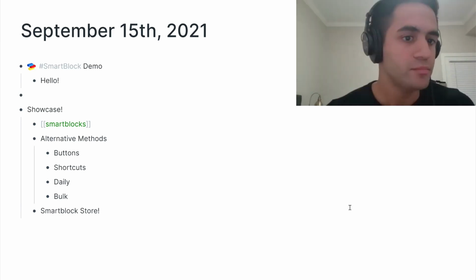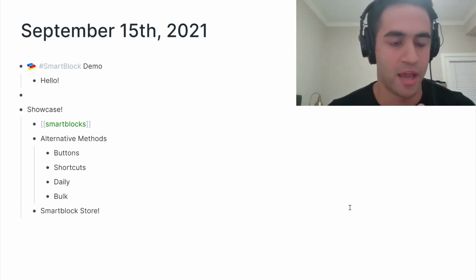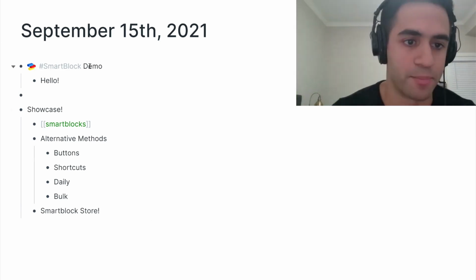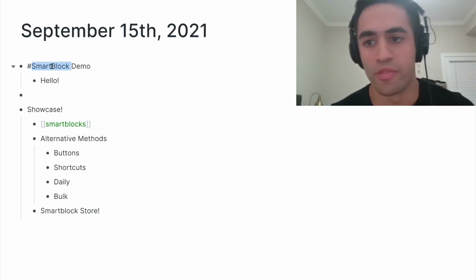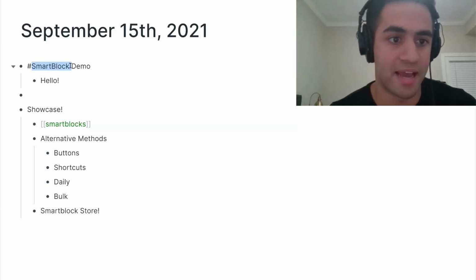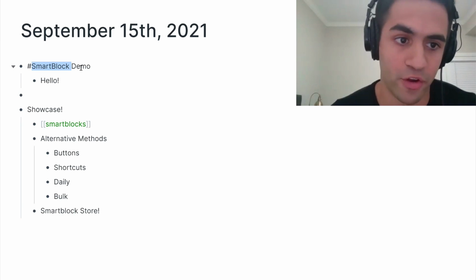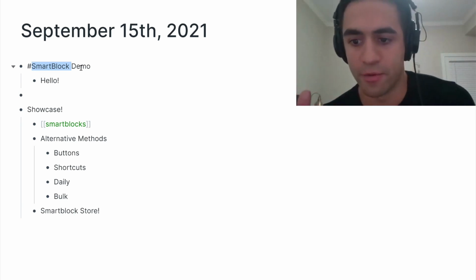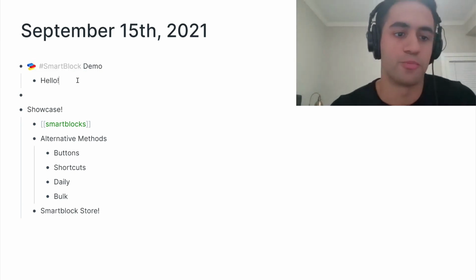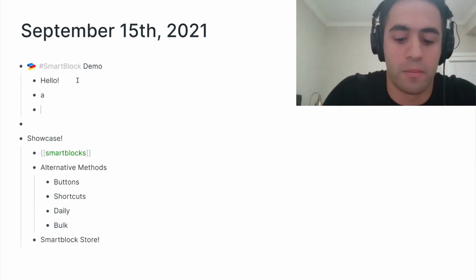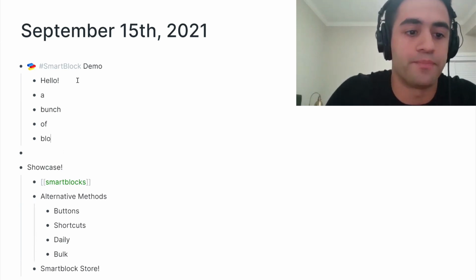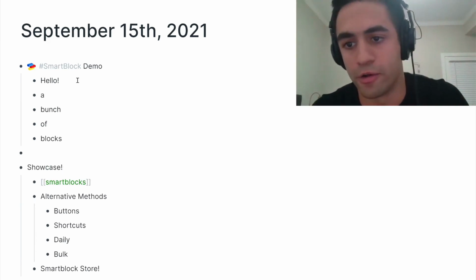If you're unfamiliar with SmartBlocks, they're very similar to Roam templates in that you define the template on top, you denote it with a SmartBlock tag. For Roam 42 users out there, you can also use 42 SmartBlock. This extension will be able to handle both. And then you just put a bunch of blocks below it, and that will define your workflow.